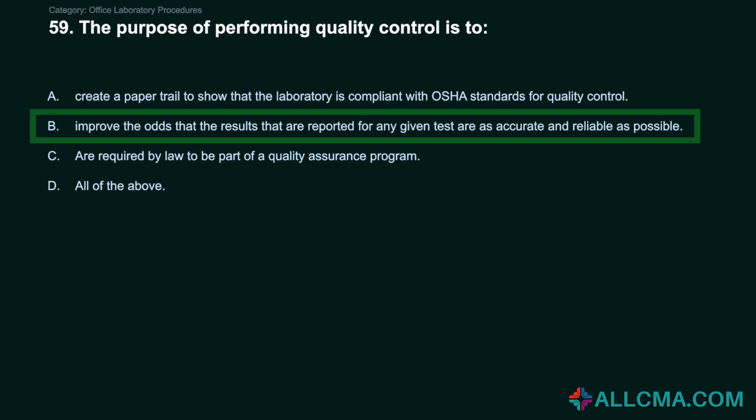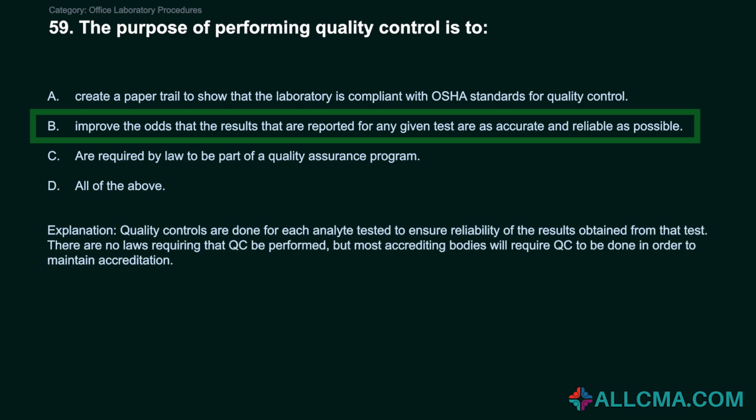Correct answer, B. Improve the odds that the results that are reported for any given test are as accurate and reliable as possible. Quality controls are done for each analyte tested to ensure reliability of the results obtained from that test. There are no laws requiring that QC be performed, but most accrediting bodies will require QC to be done in order to maintain accreditation.